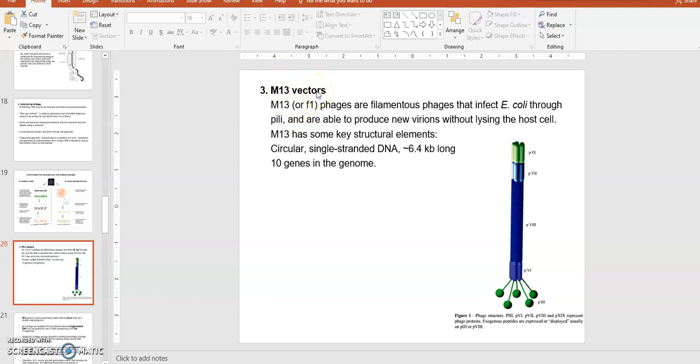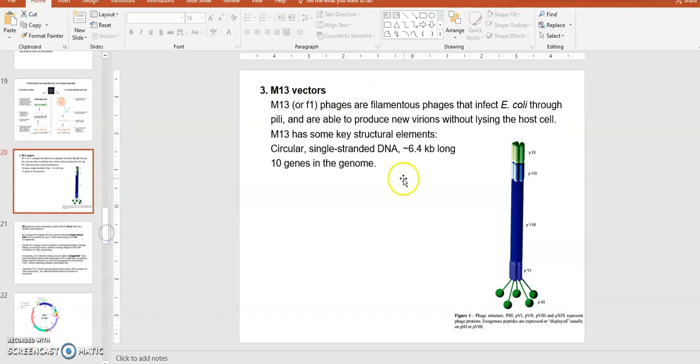If you clone your gene of interest, that will be sequenced, within this vector, bacteriophage M13. The benefit you will get is you can make that into a single-strand DNA without going through the denaturation process, because the bacteriophage, when it infects the E. coli and when it comes out, can present you a single-stranded DNA genome.